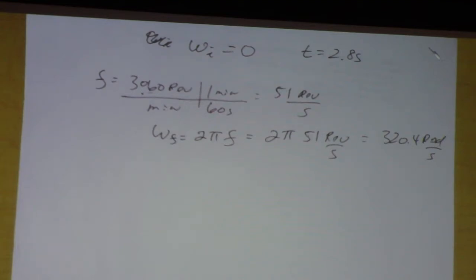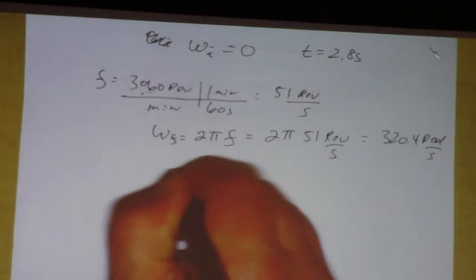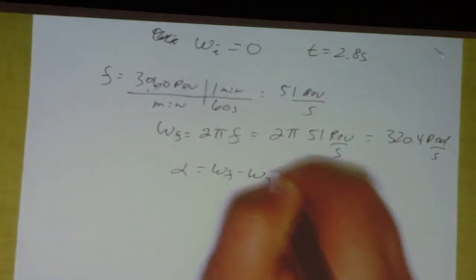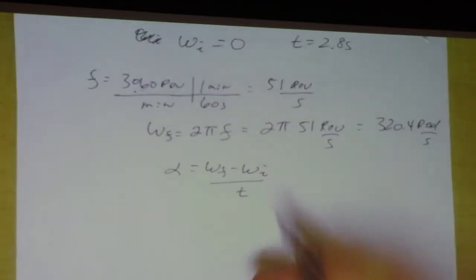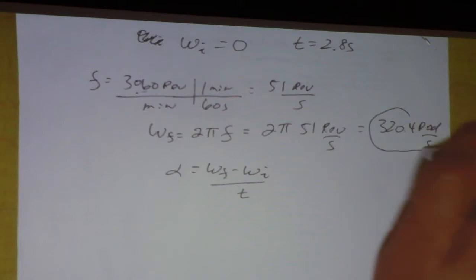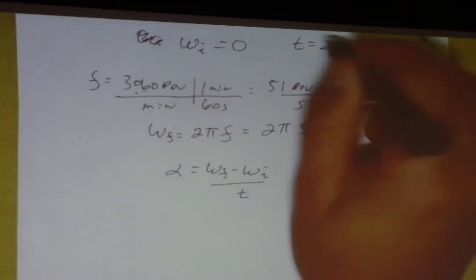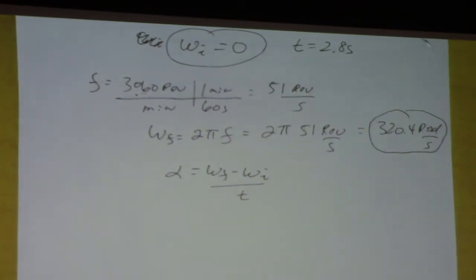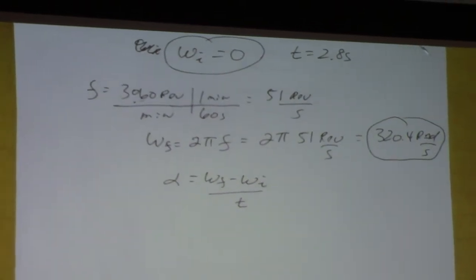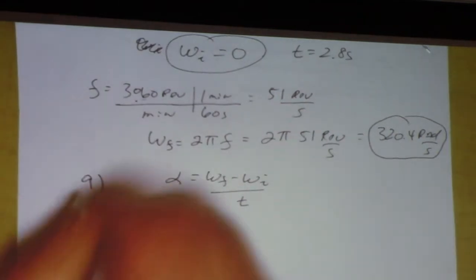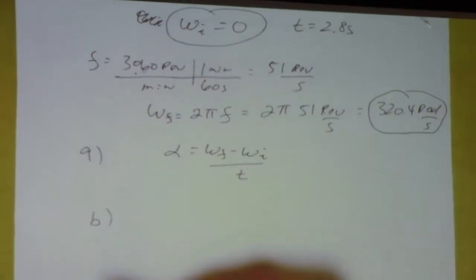Okay, and then I can get the angular acceleration: omega final minus omega initial divided by the amount of time. So I'll leave it to you to put these numbers in. Just make sure that you put this for the final angular velocity, and then the initial is 0. Good. So that's how you can get part A, the angular acceleration. Part B is how many revolutions does it make?